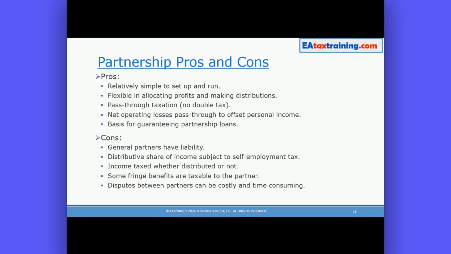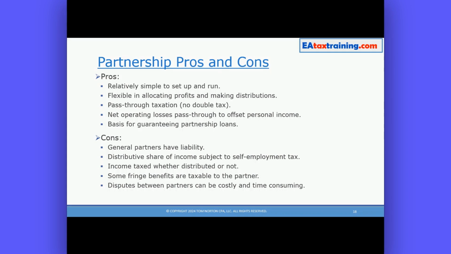And the partners get something called basis for guaranteeing partnership loans. Again, this is different than with an S corporation, where S corporation shareholders do not get basis for guaranteeing loans of the corporation. Partners do get basis for guaranteeing the loans of the partnership.